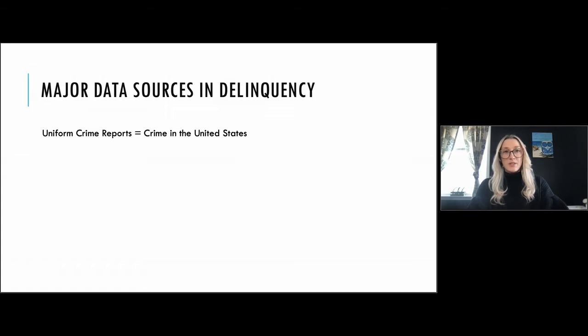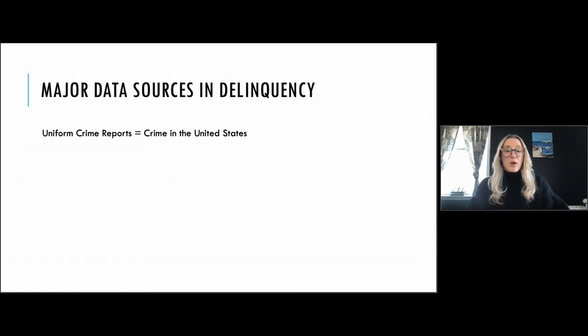These numbers that are reported here, however, are underestimates of crime, and we'll go into why. So youth crime is actually widespread, and the UCR shows that the number of victimizations is actually higher than the number of offenses that are reported.